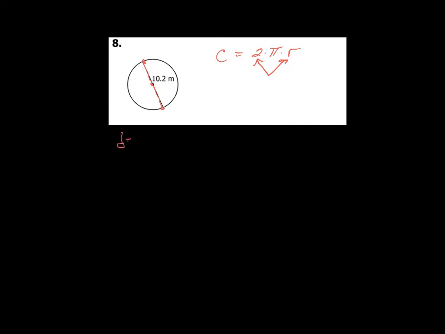So diameter equals 10.2. So radius is going to be equal to 10.2 divided by 2, which is equal to 5.1. Okay, so as we use that information, we're going to get circumference is equal to 2 times pi times 5.1.